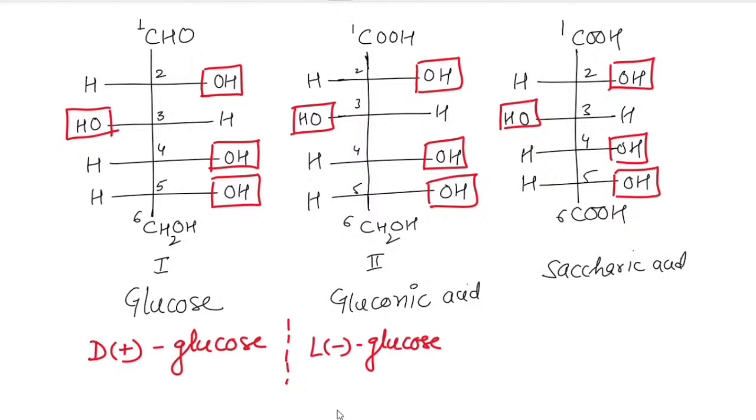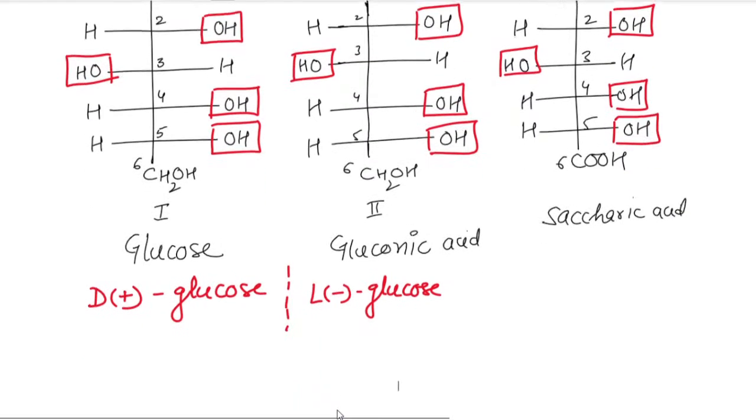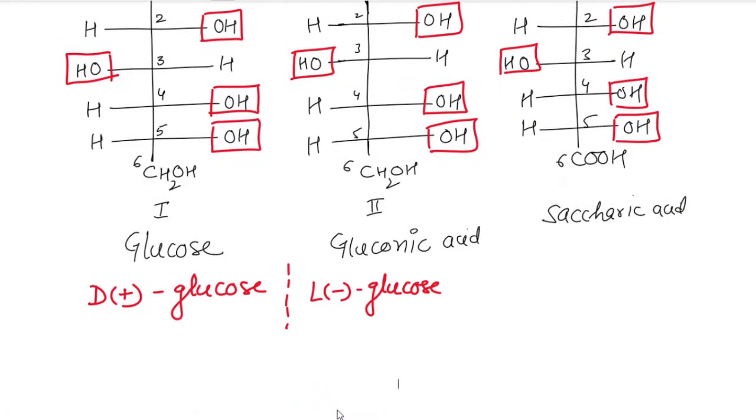So keep in mind this capital letter D and capital L used before the name of glucose represent the configuration of the OH group at the penultimate carbon atom of the carbon chain. Okay, penultimate means second last carbon.